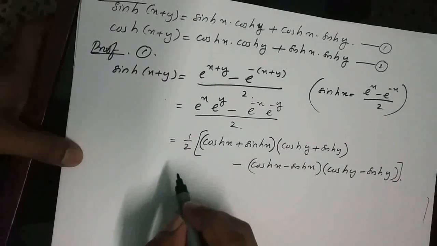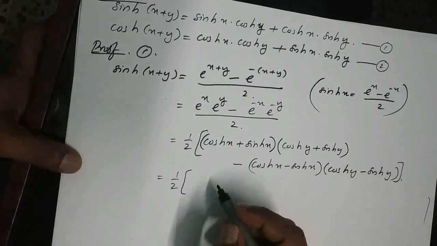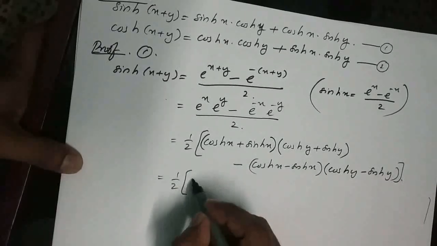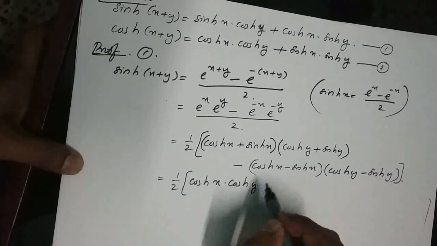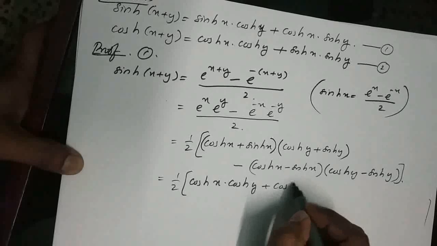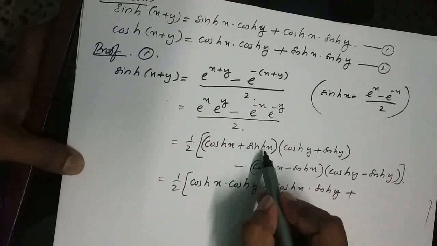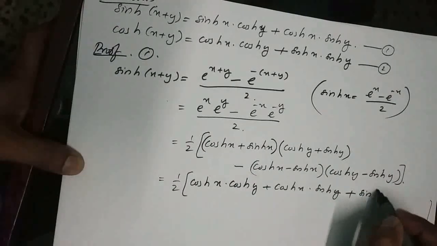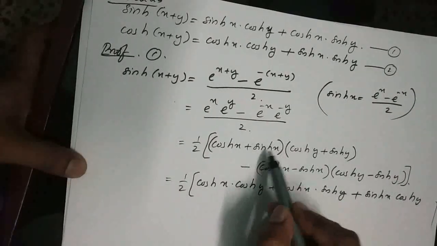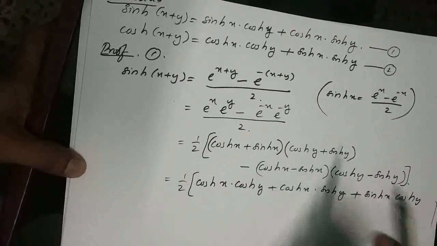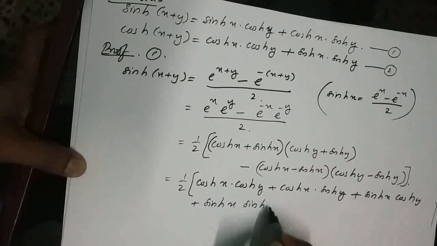Okay. Now just multiplying this, 1 by 2 into, what? Cosh x into cosh y, plus cosh x into sinh y, plus sinh x into cosh y, plus sinh x into sinh y.